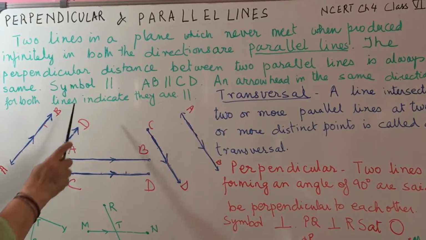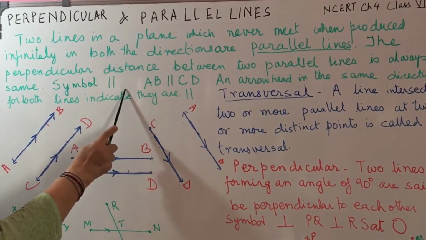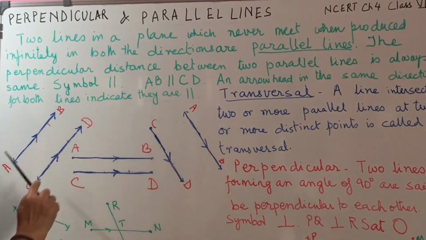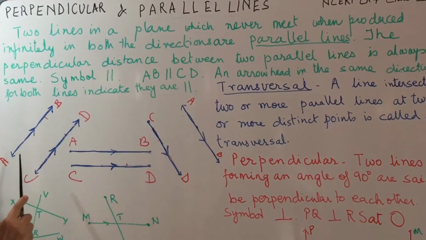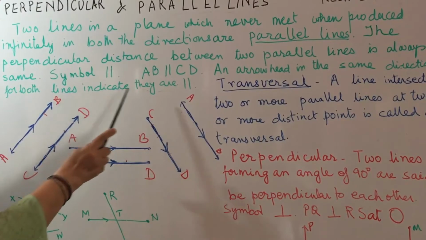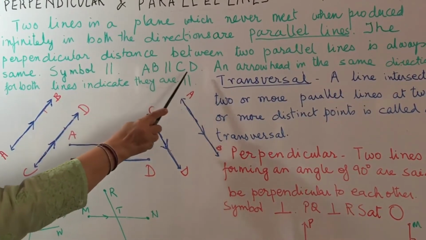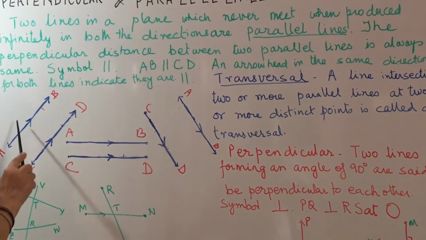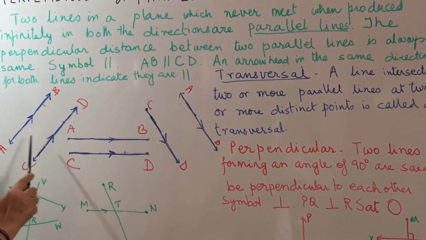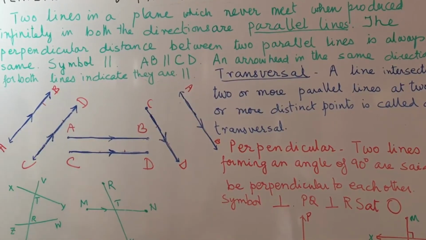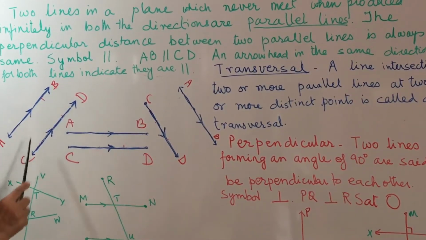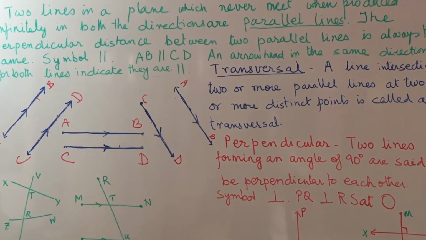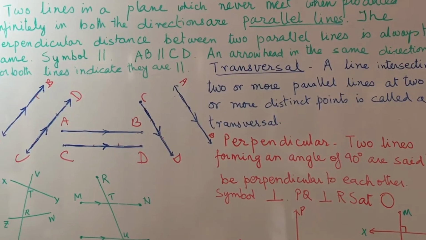Now the symbol for parallel lines is this, and we write, if I have drawn AB and CD, they are parallel to each other, so I have written AB is parallel to CD, and I have drawn an arrowhead in the same direction on both the lines, which indicates that AB and CD are parallel to each other.